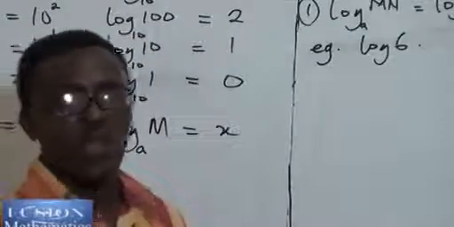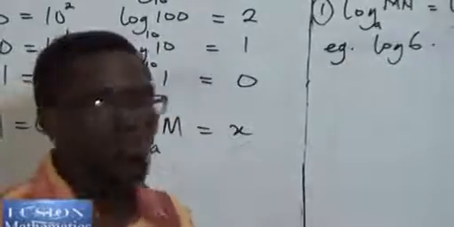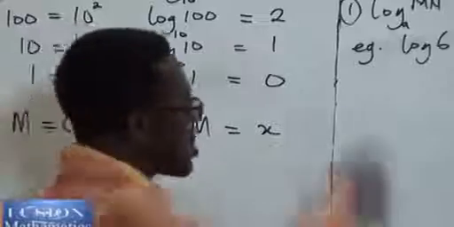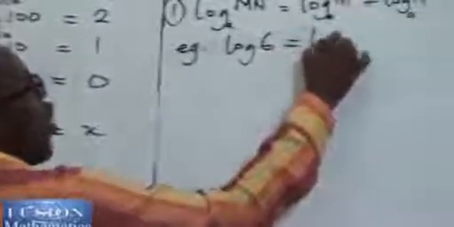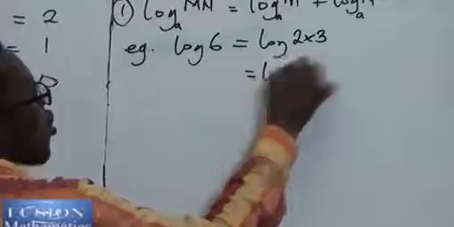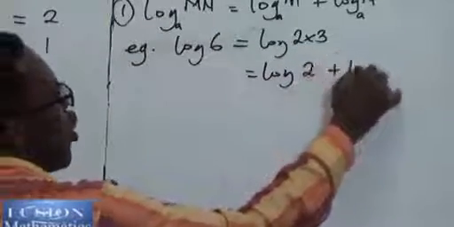Give for instance log 6 base 3, the 3 will be written down here. If it's base 2, it will be written down there. But base 10 is not necessarily written. So this log 6 is in base 10. So log 6 is the same thing as log 2 times 3. And by the law, we said when they are multiplying each other like this, this is the same thing as log 2 plus log 3.